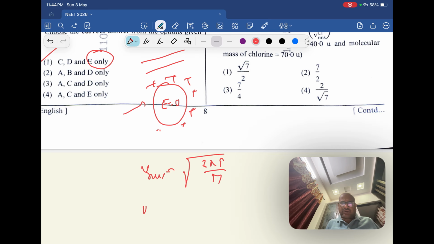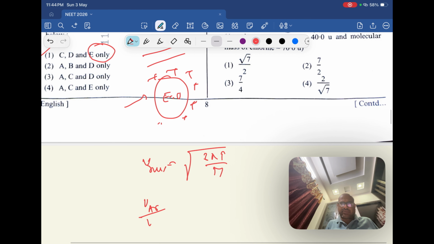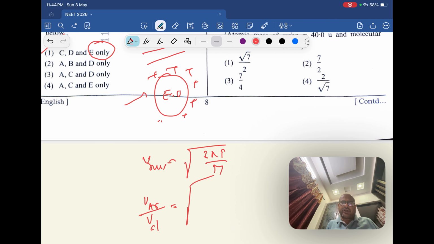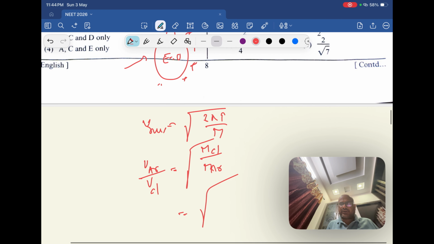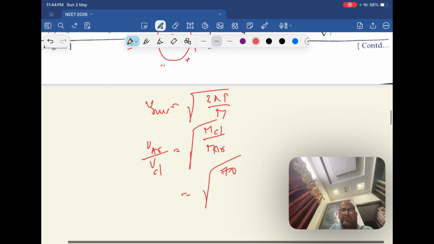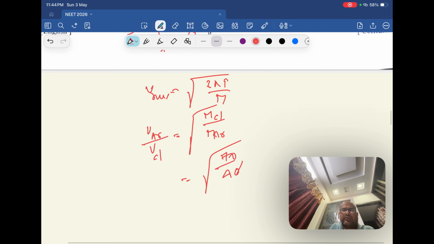So V argon by V chlorine is under root of the inverse relation of mass, so molar mass of chlorine by molar mass of argon. Chlorine is 70, argon is 40, so you will have root 7 by 2.